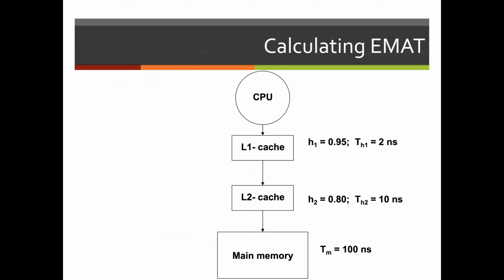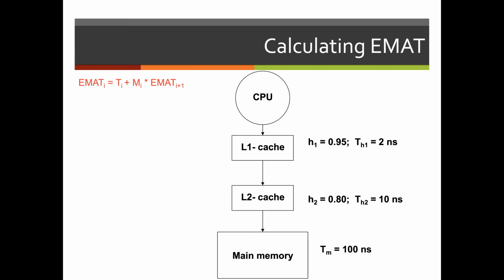Say for a given system, we have an L1 cache with a hit ratio of 95% and a time of 2 nanoseconds. L2 cache has a hit ratio of 0.8 and an access time of 10 nanoseconds. For main memory, we have a time of 100 nanoseconds. Let's consider how we can compute the effective access time for each level of memory.